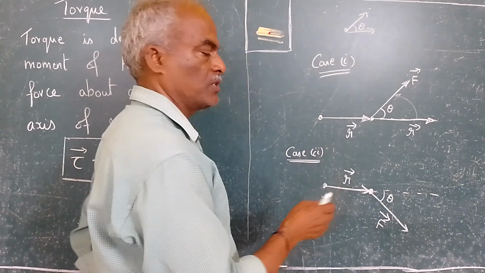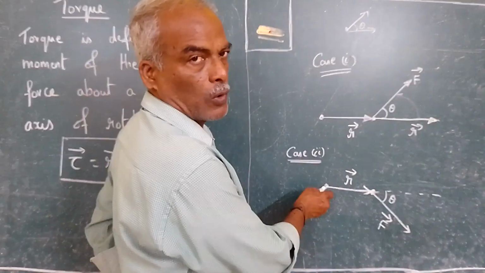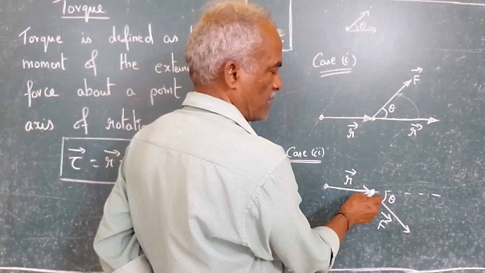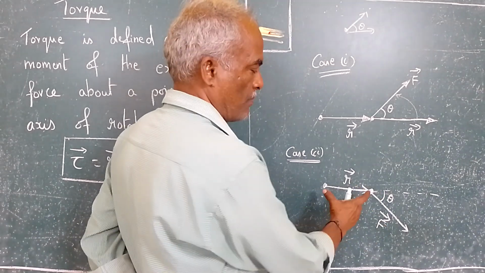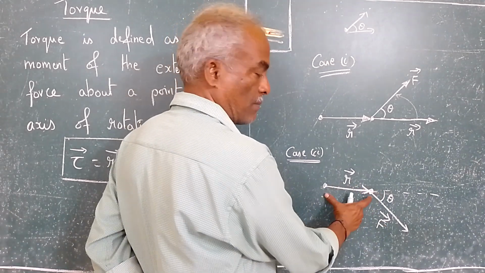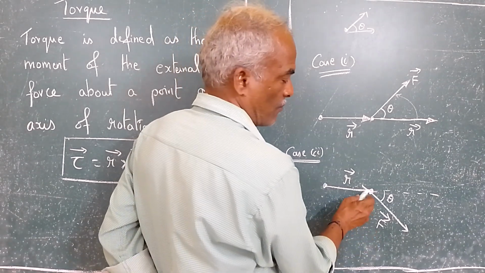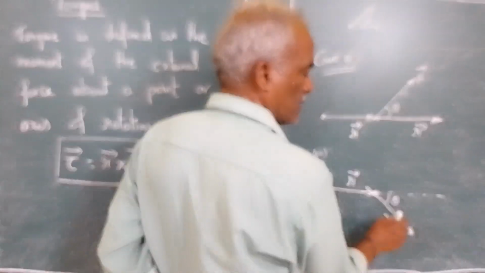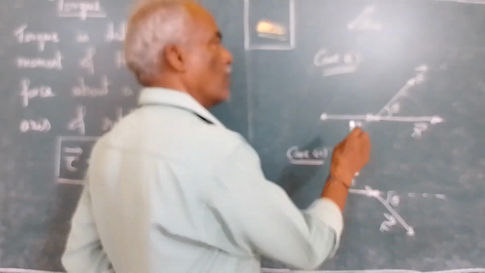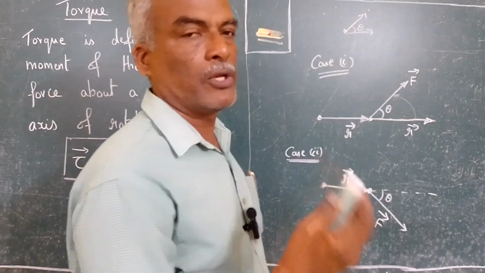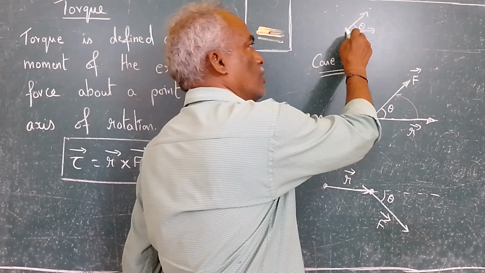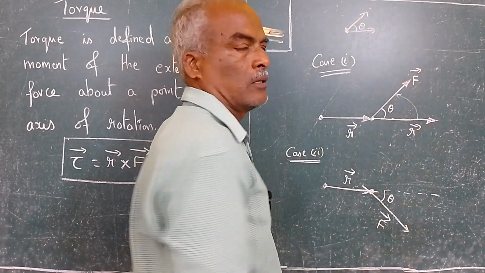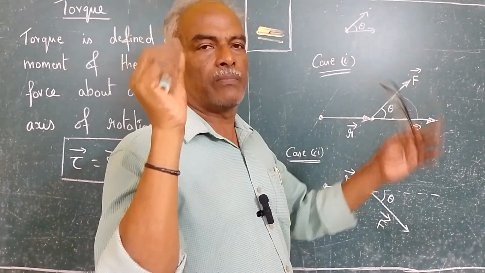Suppose in case 2, this is the reference point and the point of interest is here. The distance here is R vector in this direction and the magnitude is this much. The force is acting on this point in this direction. Now again I already told you, whenever you do dot product or cross product, you have to keep in mind that the two vectors are moving away from that point.